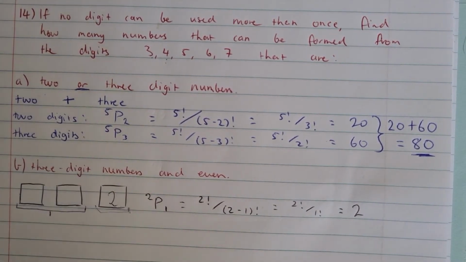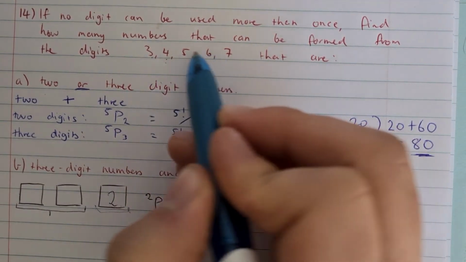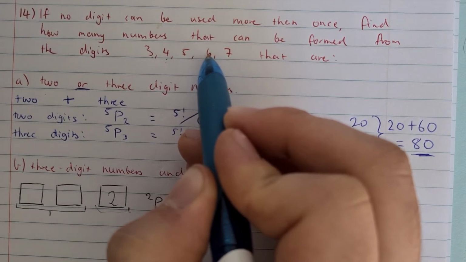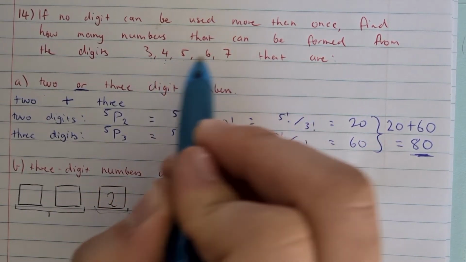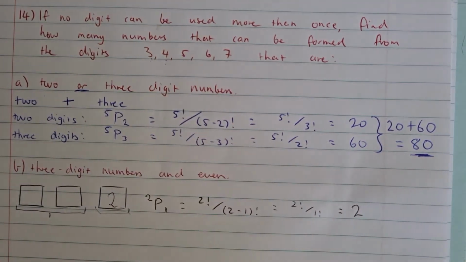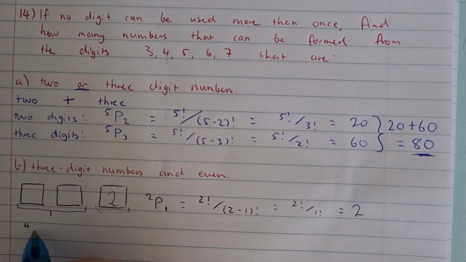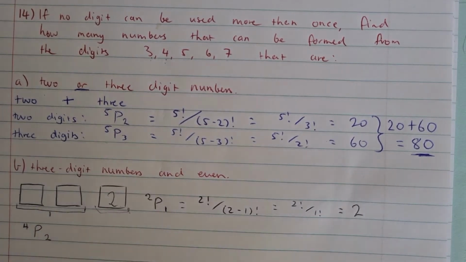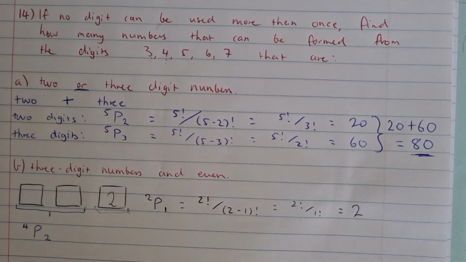So what we've got here is, let's say our third digit is already chosen. So either 4 or 6 has already been chosen. That leaves us with 1, 2, 3, and either one of these. So there's 4 digits left to choose. So we have 4 digits to choose from, and we're arranging them by choosing 2 of them. So that's how we work out the number of arrangements for the first 2 digits.